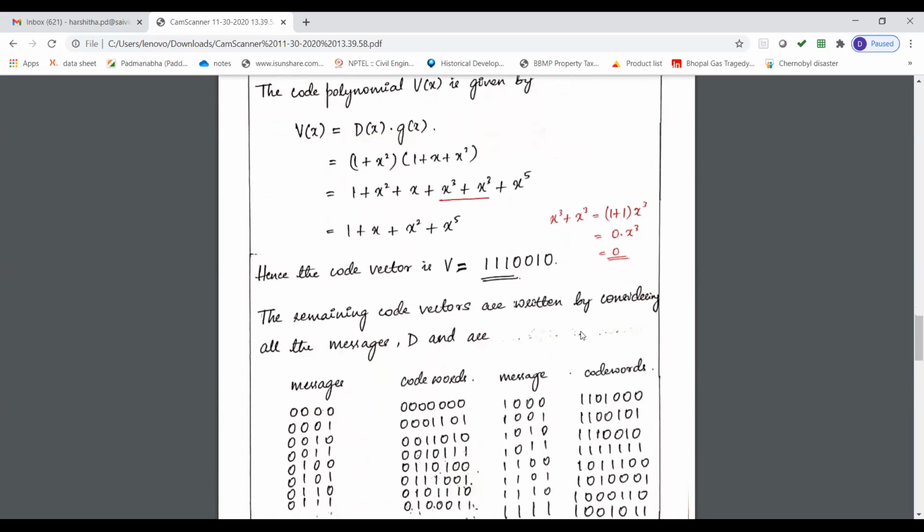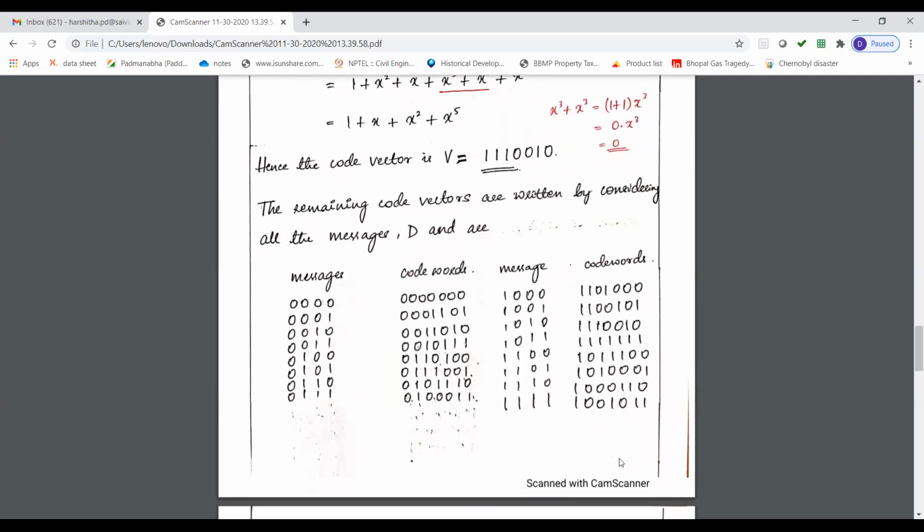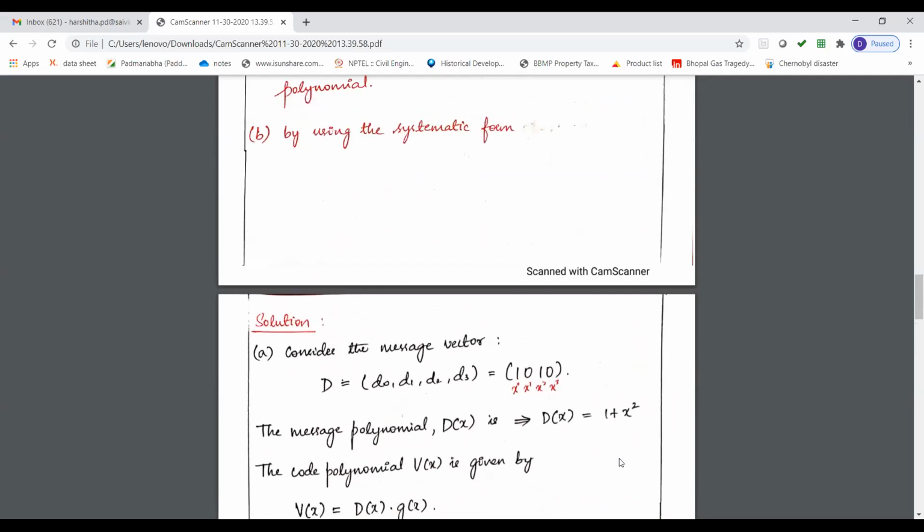So I want all of you to consider all these messages and find out the code vectors, and I want you to cross verify whether you are getting these code vectors correctly. And next, this is about the first sub question.